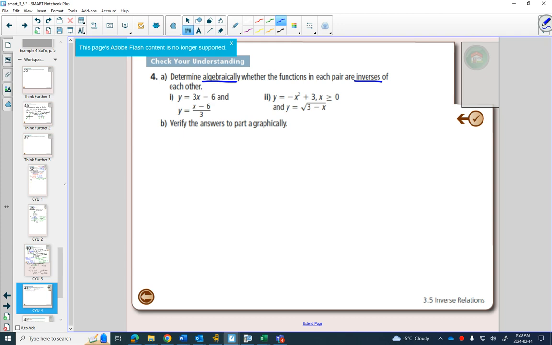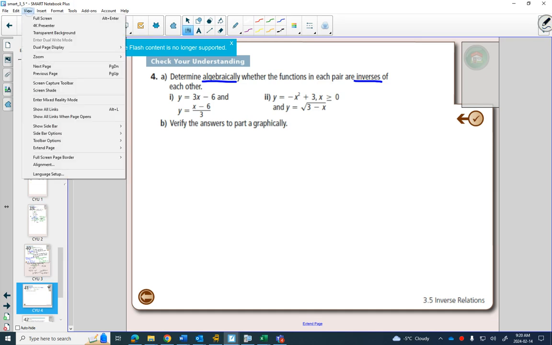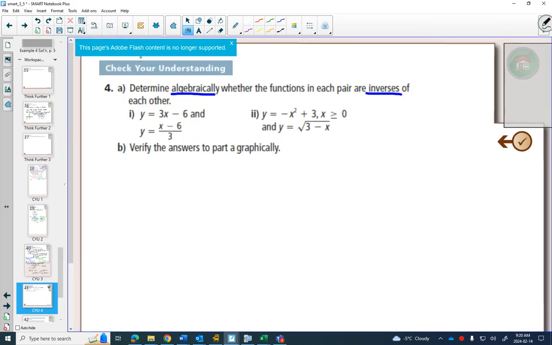Okay, so we'll do part I first. Are these inverses algebraically?